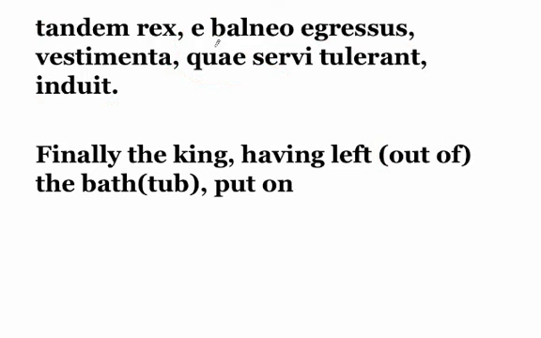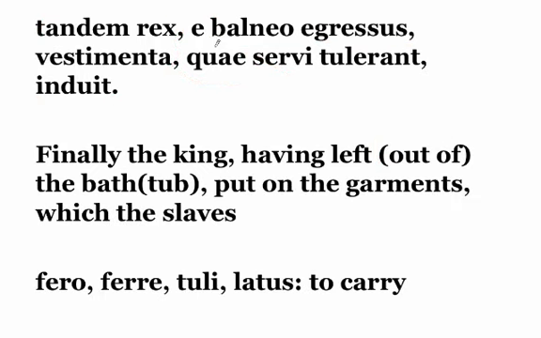What kind of garments? The garments, quae servi, which the slaves, oh goodness, take a look at this, people. The most irregular verb in the entire Latin language. Look at these four forms. Fero, I carry. Ferre, to carry. Tuli. What? Tuli is the past tense of fero? What's going on here?